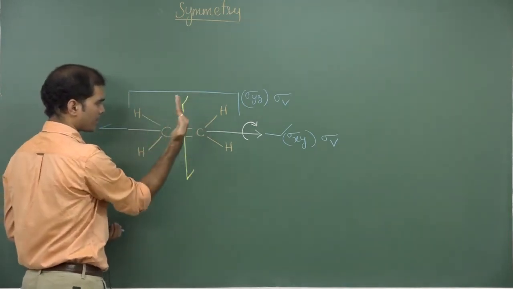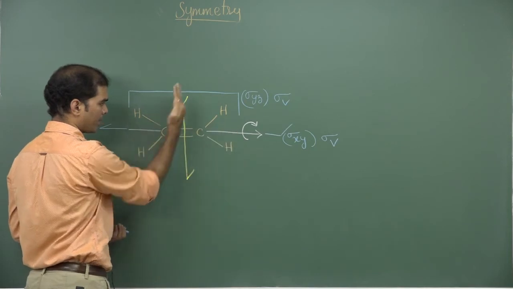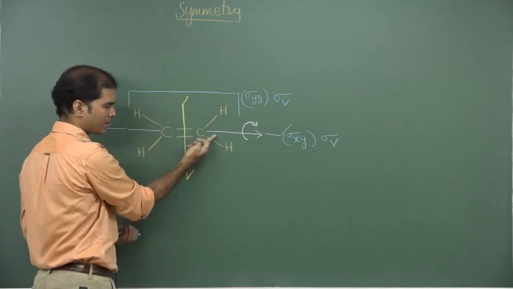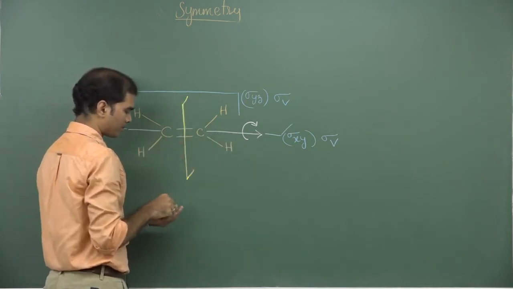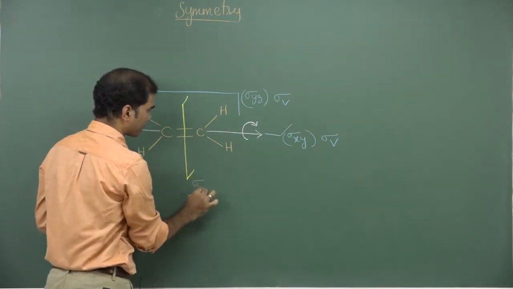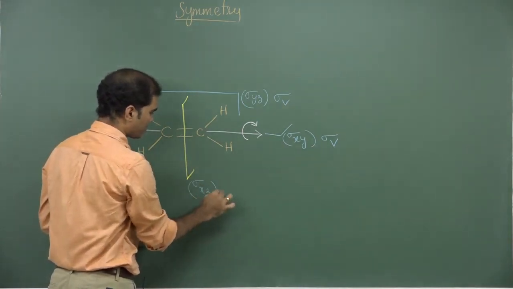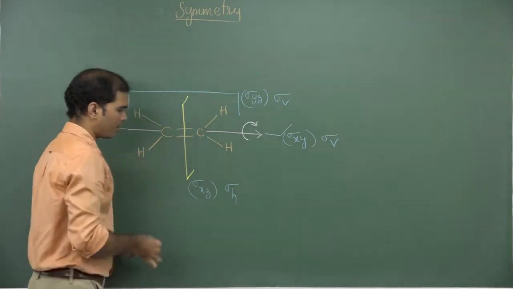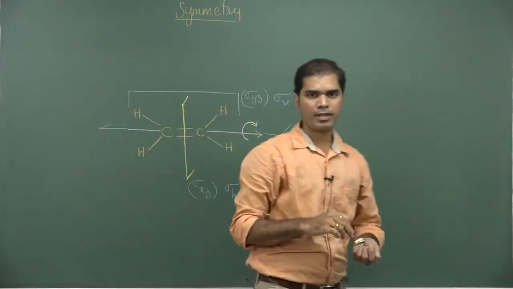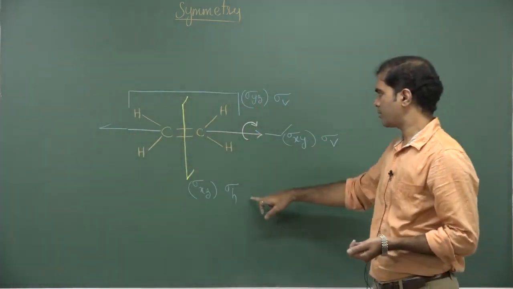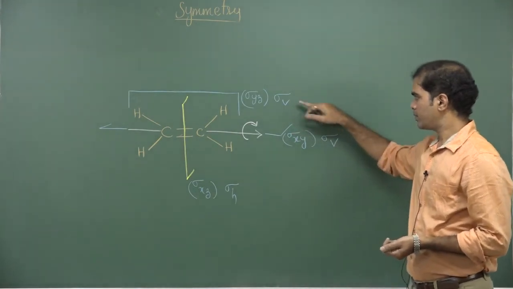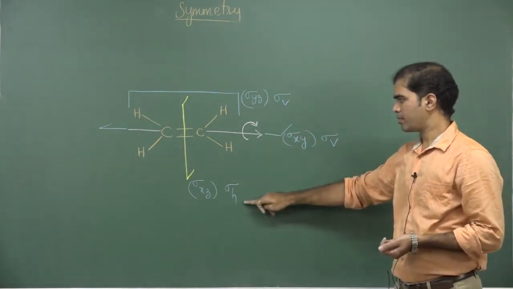Now I am taking this perpendicular with respect to the principal axis. Since it is perpendicular, previously we called it sigma xz. Now we are redefining it, and after redefinition we are calling it a sigma h. Right? There are two sigma v's, there is a sigma h.